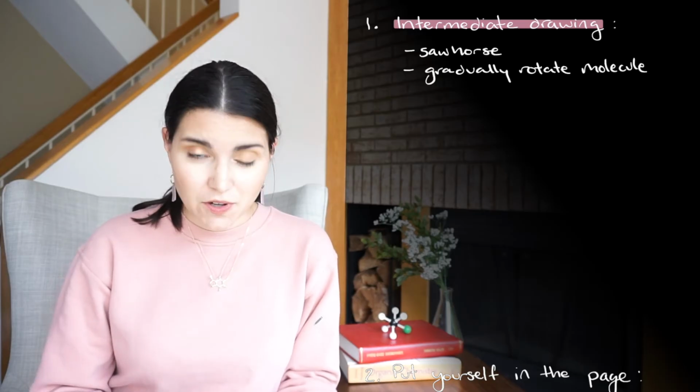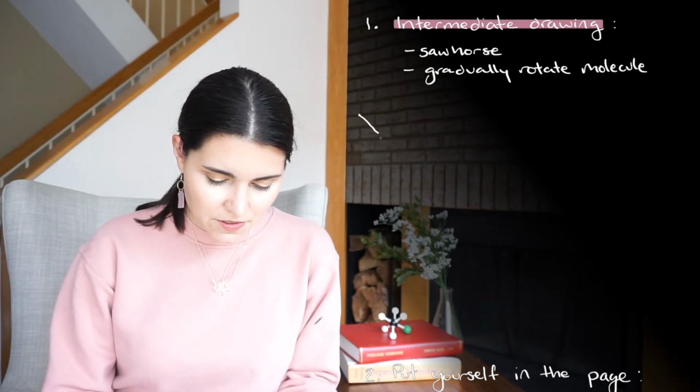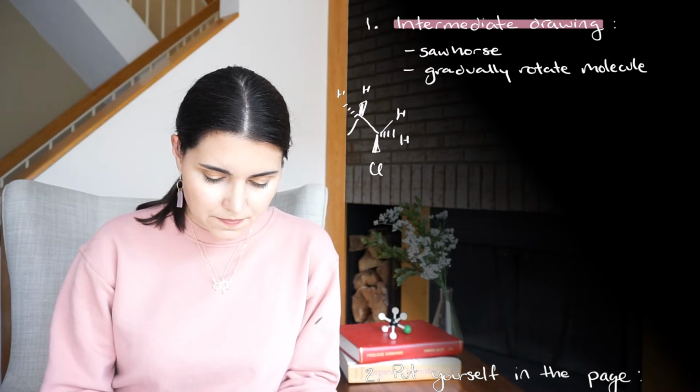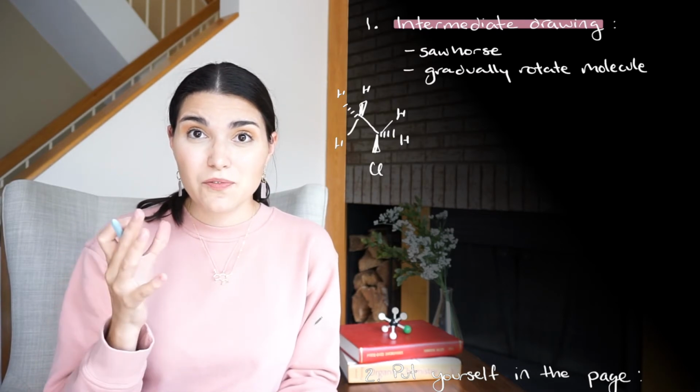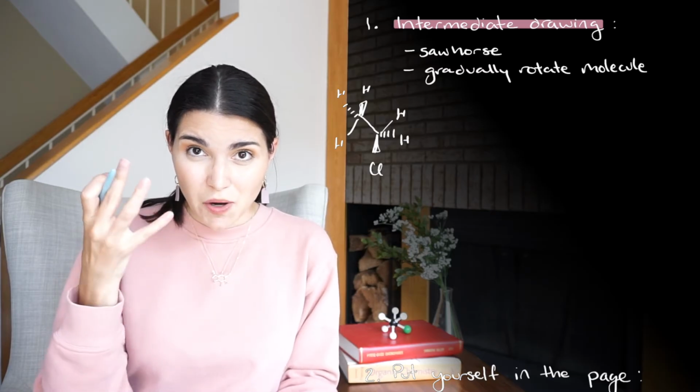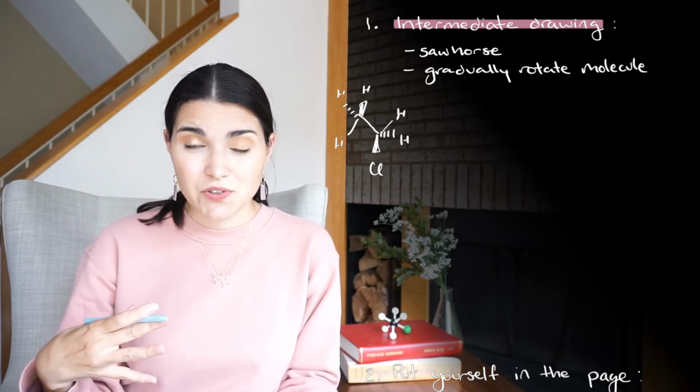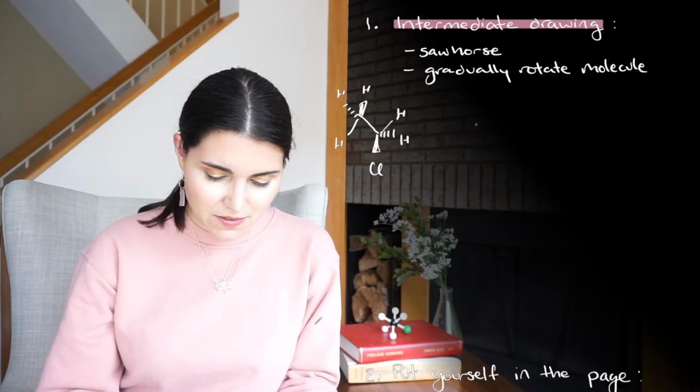So we're going to start by drawing our chloroethane again, the way we drew it before. And then what we're going to do is turn the molecule halfway to the Newman projection in our minds, and draw an intermediate drawing called a Sawhorse notation. So I'm going to draw the bond kind of long like this.